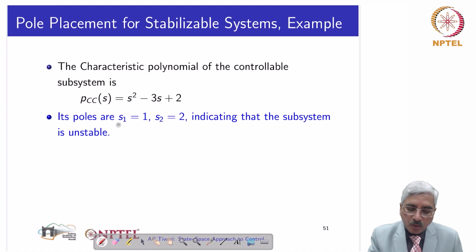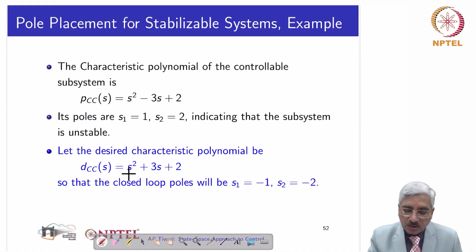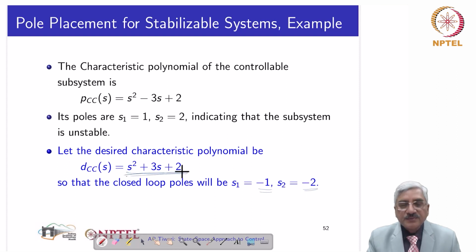We want to place its poles at -1 and -2, and we want to achieve this characteristic equation of the closed loop controllable subsystem. The open loop poles are here, 1 and 2, indicating instability. So we want to stabilize, and probably this one will give an overdamped response which is acceptable for our purpose.